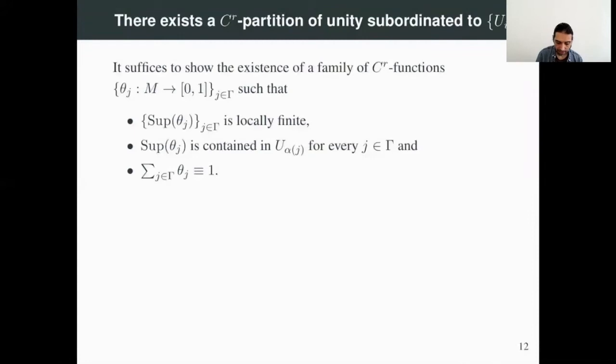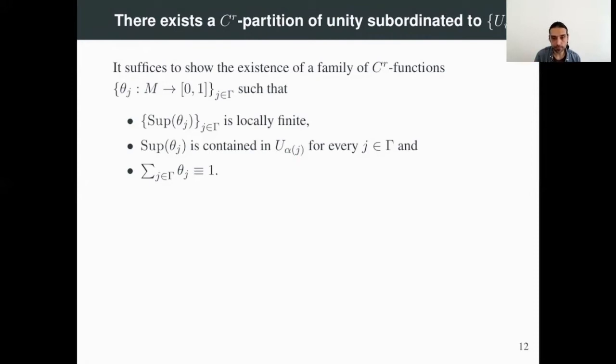What we claim is that it suffices to show the existence of a family of C^r functions, but we are going to work with C infinity, theta_j, such that the family of the supports is locally finite, exactly as it has to be. But now, instead of assuming that the support of theta_j is actually contained in U_j, we are going to suppose that it is contained in some of the elements of the open cover.